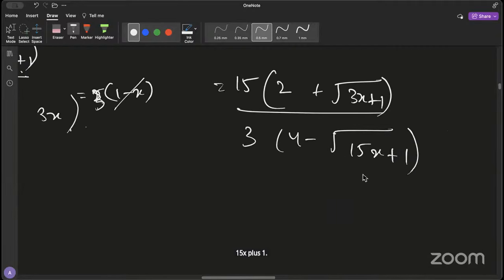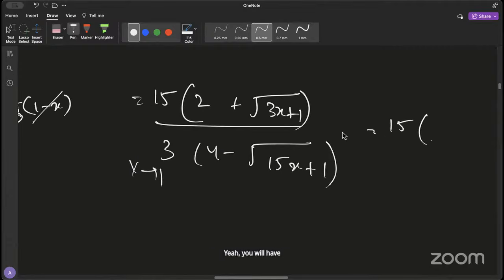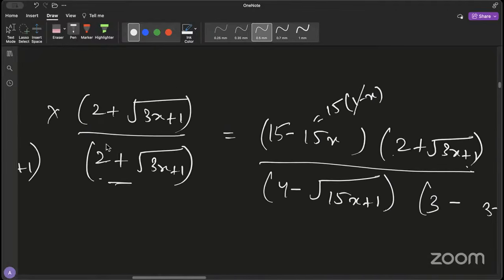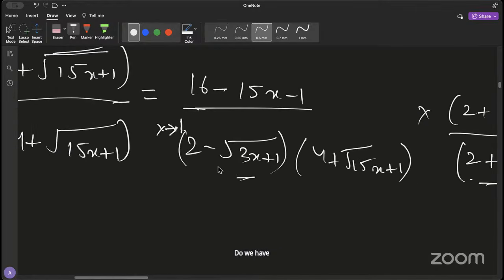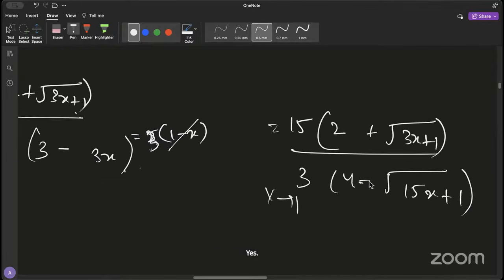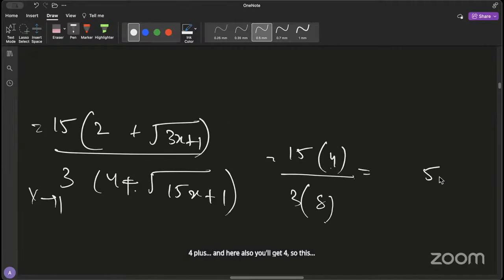So when x tends to 1, here you will have 15. This will be 2, so here you will have 4. And this will be 3. We should have a plus here, right? Yeah. So we have a plus here. So this will give us 4 plus 4 here also. So this will be 5/2. This is going to be the answer.